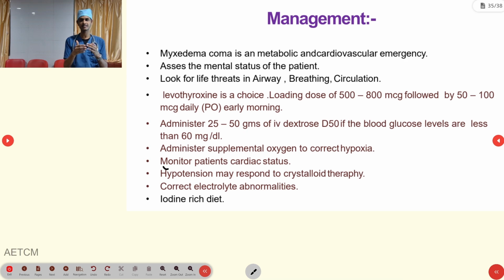Based on the kilogram weight, we set the dose range. That is the supplementation of thyroid hormone. The main route is the peroral route; as of now we only have the peroral route and no parenteral route, so ideally we replace with the oral route.